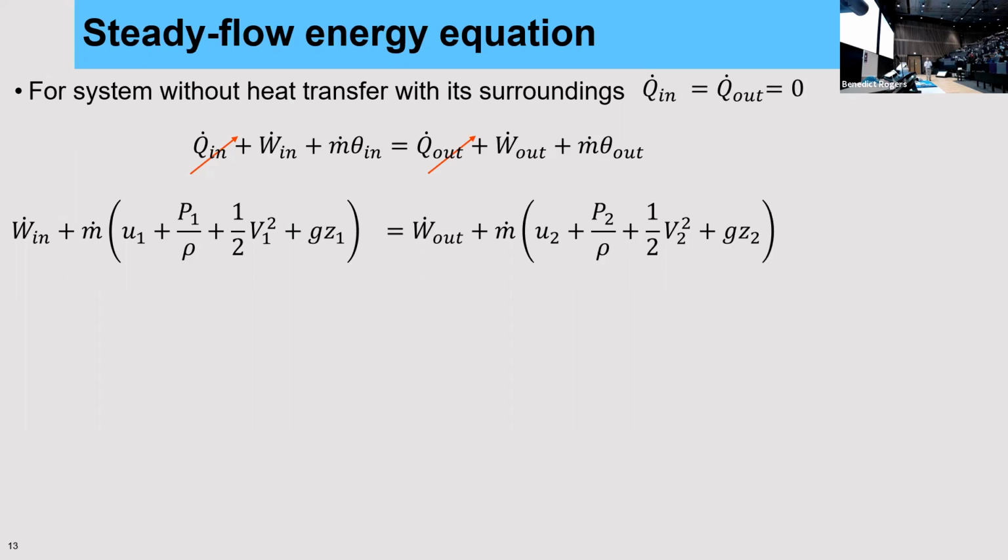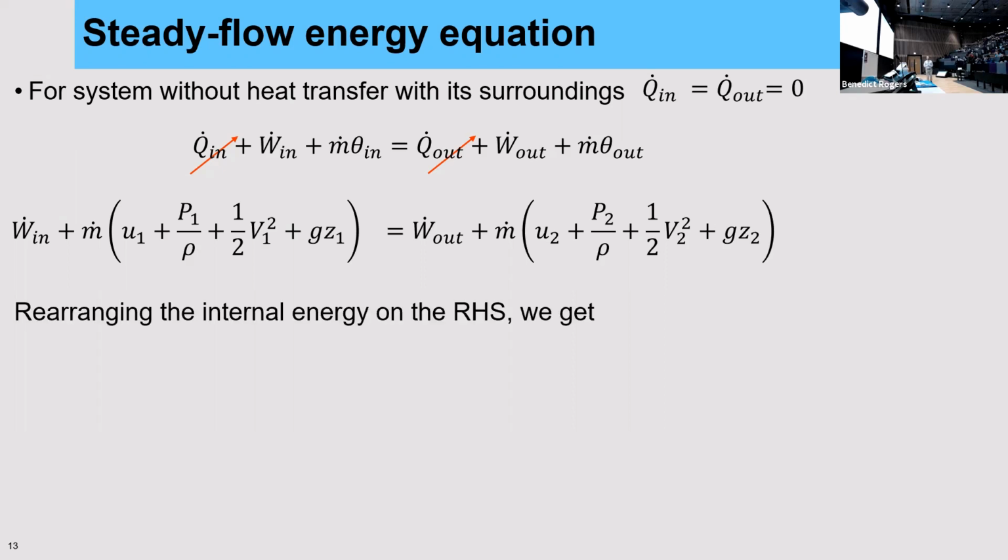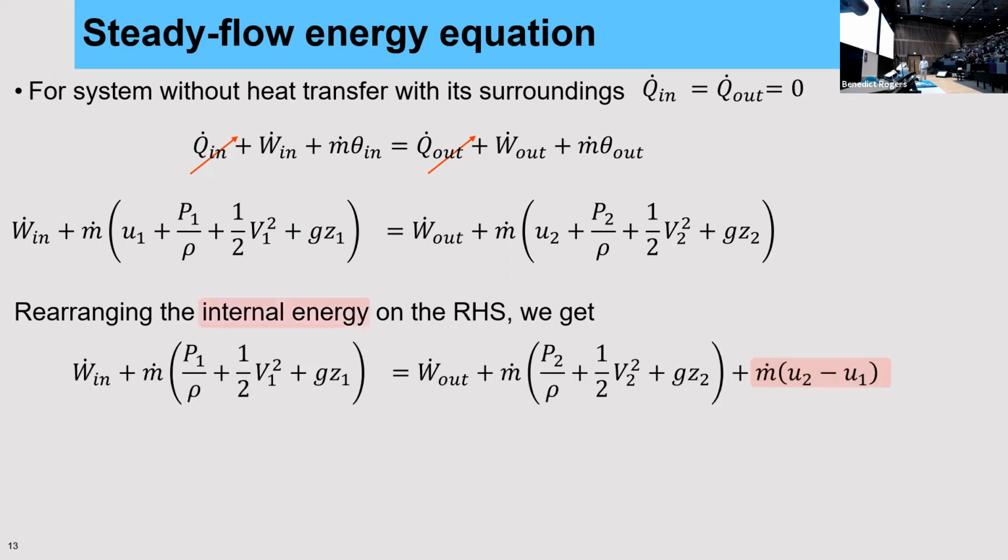Now we're beginning to get a system that we can work with. We're going to rearrange so that the internal energy is on the right-hand side. All I've done is move my internal energy terms, those with U1 and U2, over to the right-hand side.